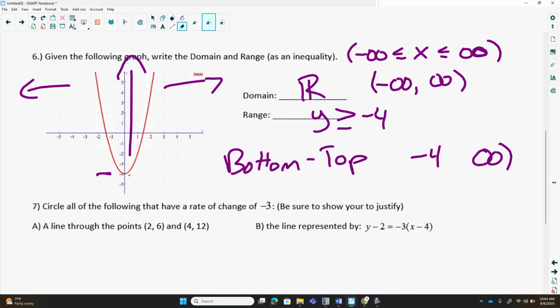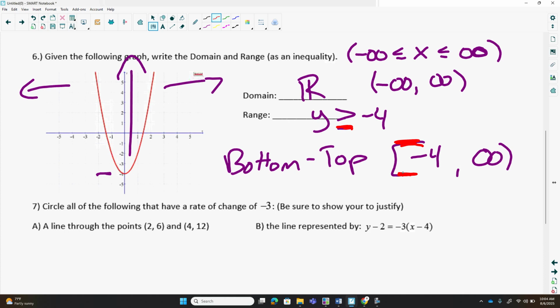That is not a dotted line. It's not an open circle. So that means -4 is involved in this. So in order to do that, you have to create a bracket around this. Okay? A bracket kind of reminds me of equal to. So when we're saying greater than or equal to, Kate, then I'm thinking of a bracket in my mind because it's an equal to symbol.